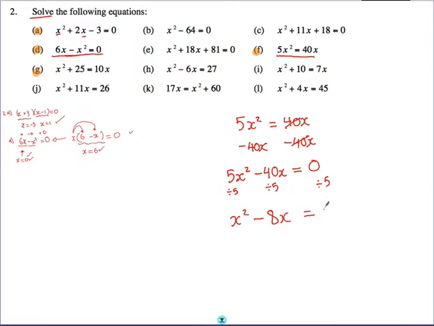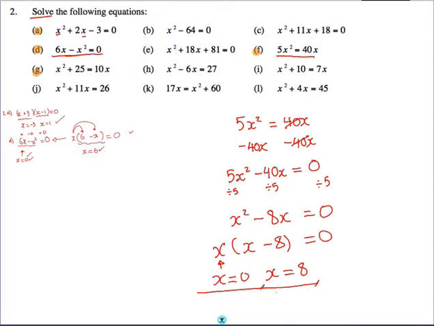And 0 divided by 5 is just 0. Again, factorizing this, x times x minus 8 is equal to 0. This could only happen if x was 0, or x was, well, to make that into 0 is 8, and we're done.